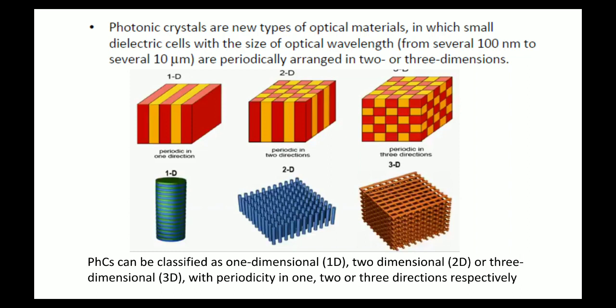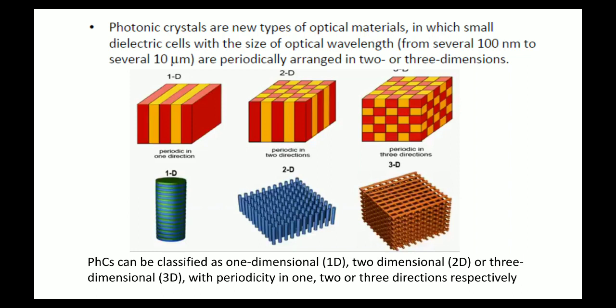This material has two refractive indices. Like in our previous case, one refractive index is air, which is low, and the other is glass, which is high. Similarly, photonic crystals have different refractive indices, but they are also patterned, periodically arranged.